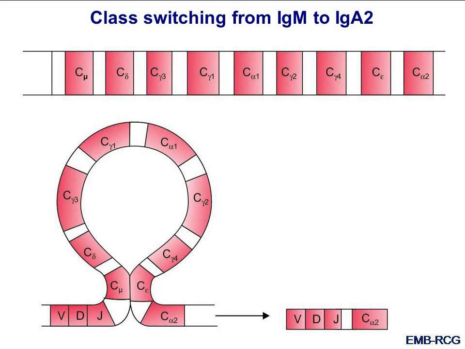So the antibody which will be synthesized will be IgA2. But since the VDJ complex is unchanged, the antigen recognition will not change. The new antibody will recognize the same antigen but will perform a different effector function.